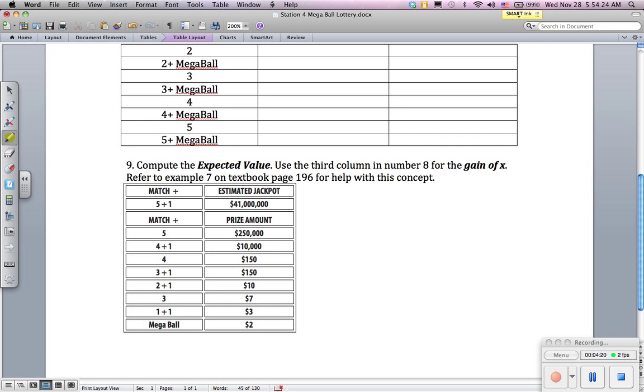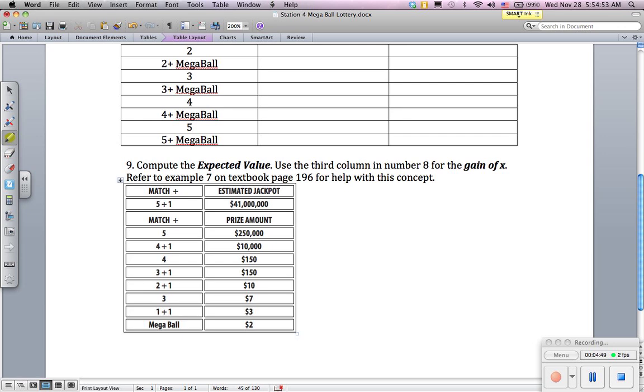Please refer to example 7 on textbook page 196 for help with this concept, because once you compute the gain of X for each one of the possible outcomes from problem number 8, then you'll need to calculate the expected value, and there's a very clear description, easy to follow, step-by-step process for computing the expected value.